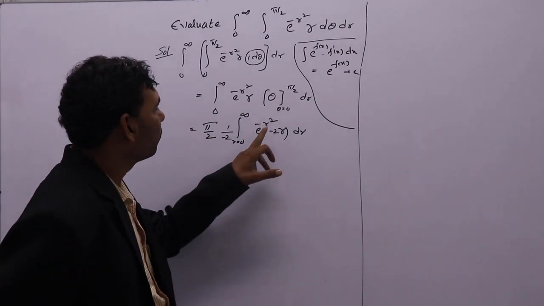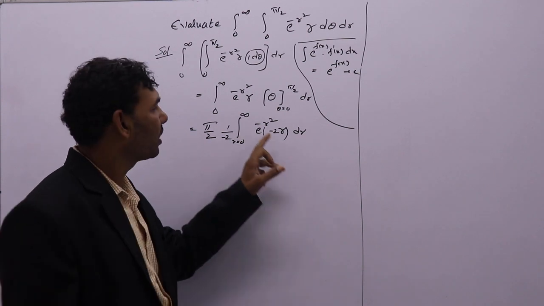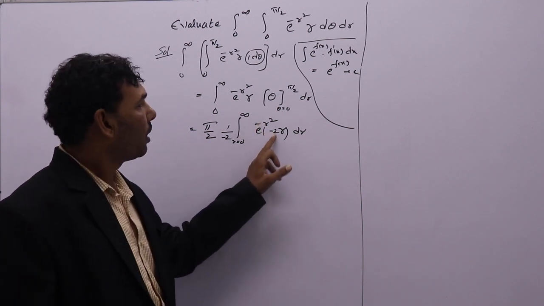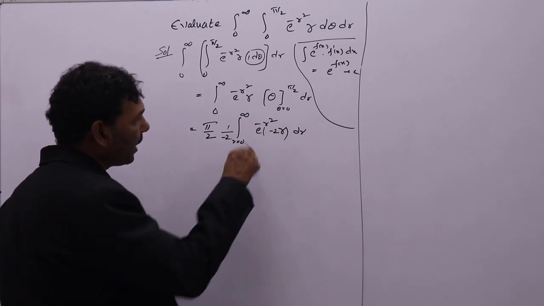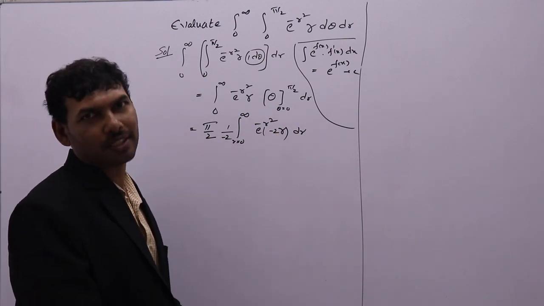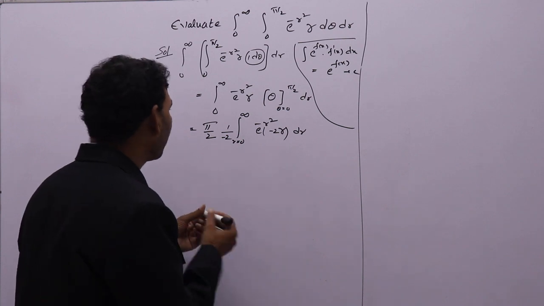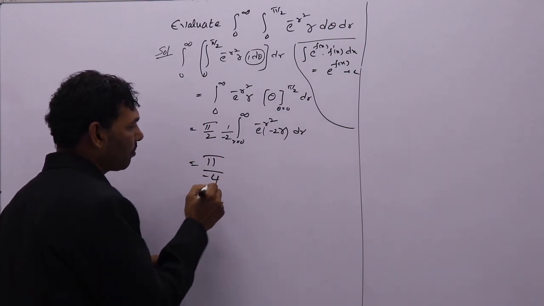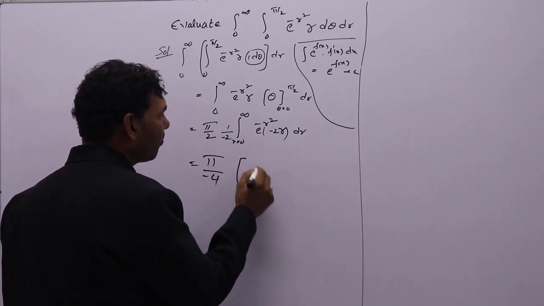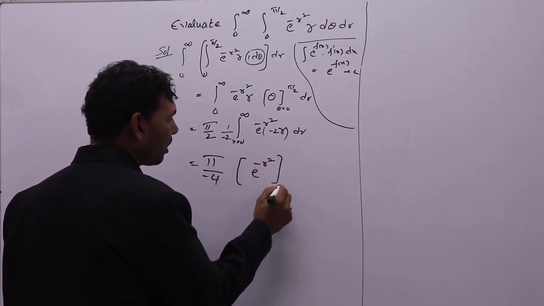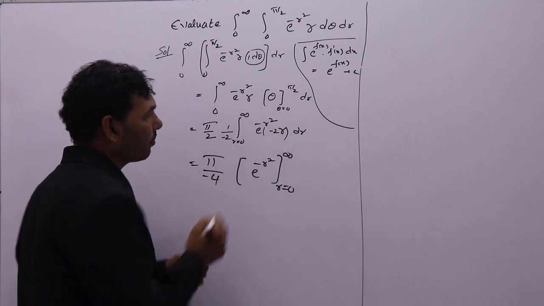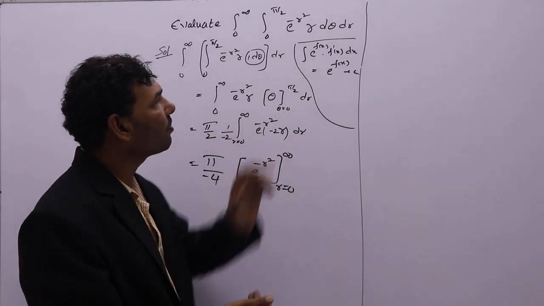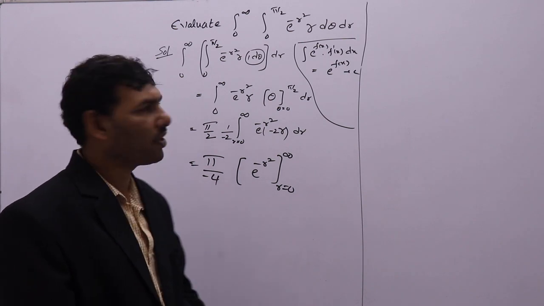So if you assume minus r square as t, the differentiation of minus r square is minus 2r dr, then integrate e power x. So what you will get after integration: minus 1 by 2 e power minus r square, r equal to 0 to infinity. You can use integral e power f of x into f dash of x dx equals e power f of x.